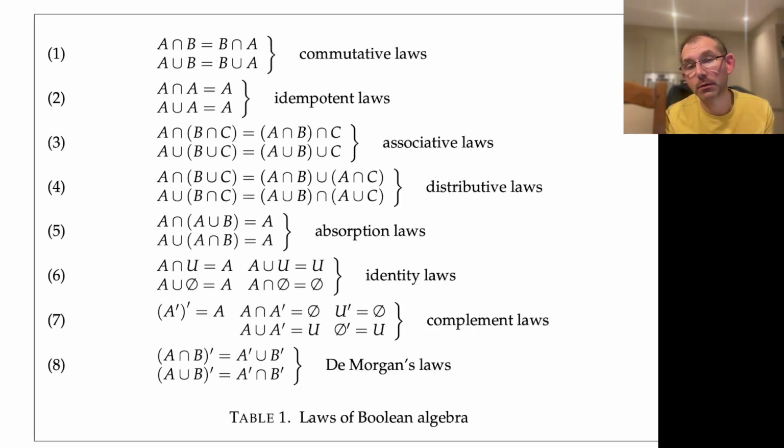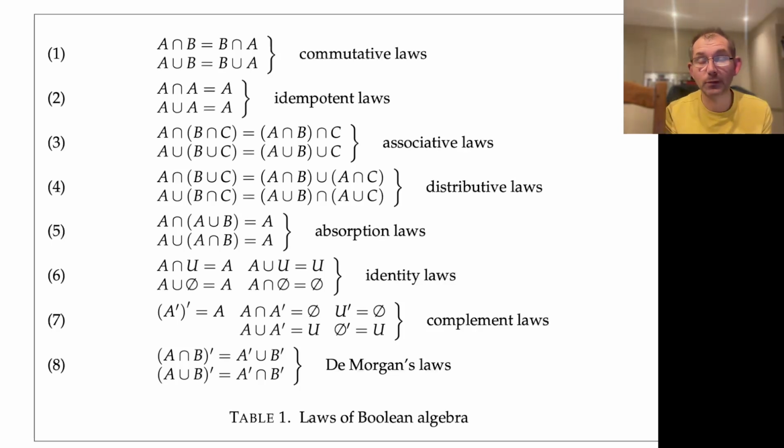Let's just go from the top. If you take A intersect B, so you're looking for all the things that are in A and in B, well, you may as well be looking for all the things that are in B and in A. So it doesn't matter if you intersect them one way around or the other, you get the same thing.